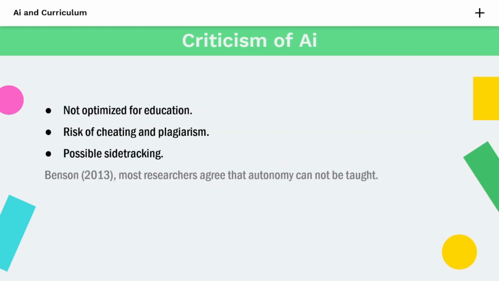Okay, specific criticism of AI: it's not optimized for education. Current generative AI models are trained on everything on the internet. So if you ask the AI some questions, it could answer you in a completely different way, not the one that you want your students exposed to.